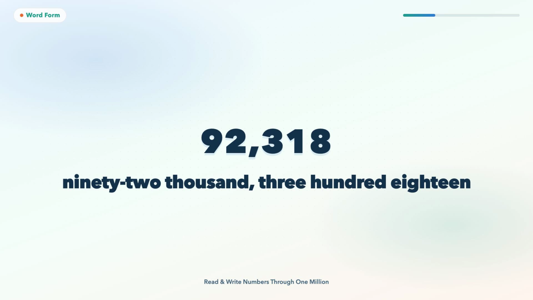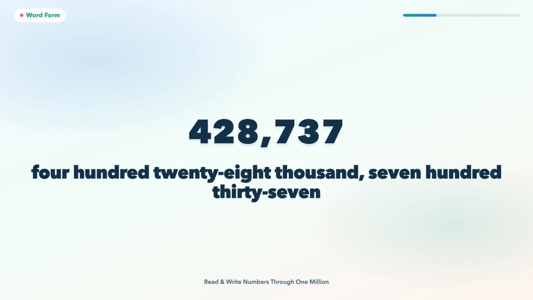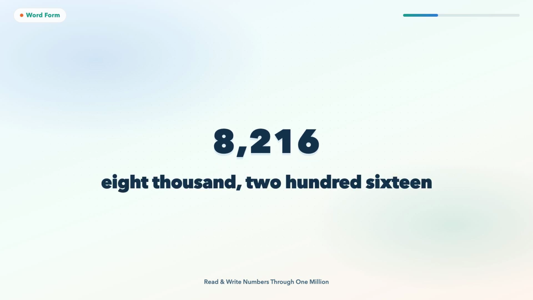Put a hyphen in 92 and in compound numbers like 28. 428,737. 428 is the thousands period, then say thousand, then 737. Smaller numbers still use the same idea. 8,216. Only thousands and ones periods show digits here.